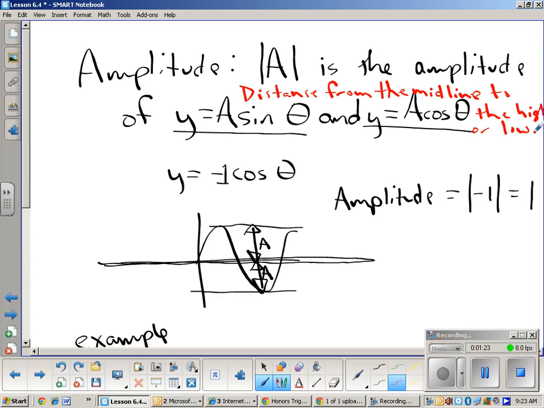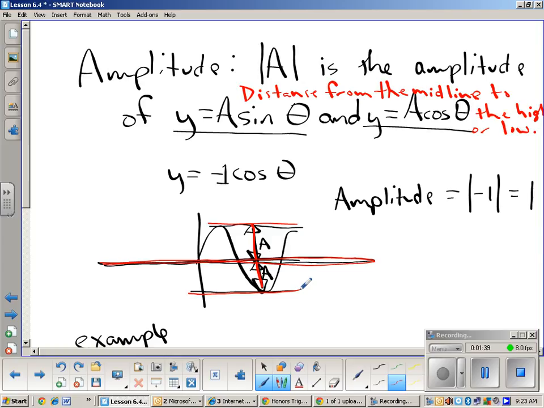And in the picture down here, you can see here's the midline. And so the distance from that midline to the high and the distance from the midline to the low is going to be A, the amplitude.